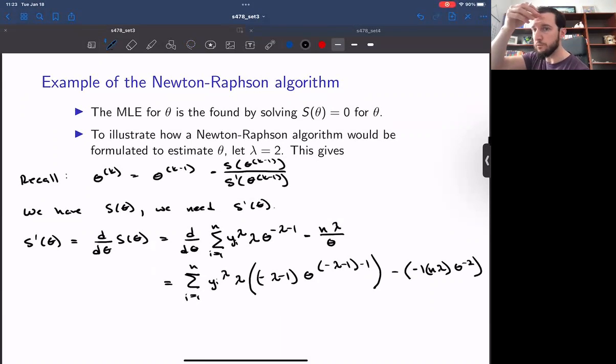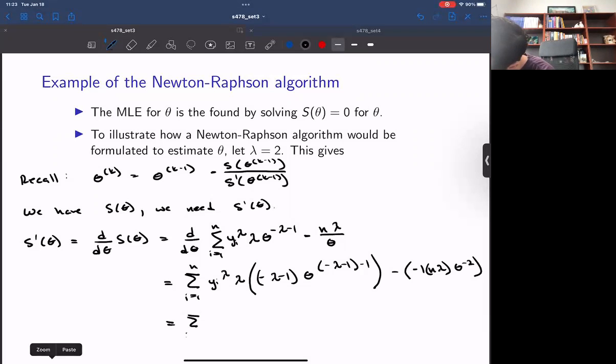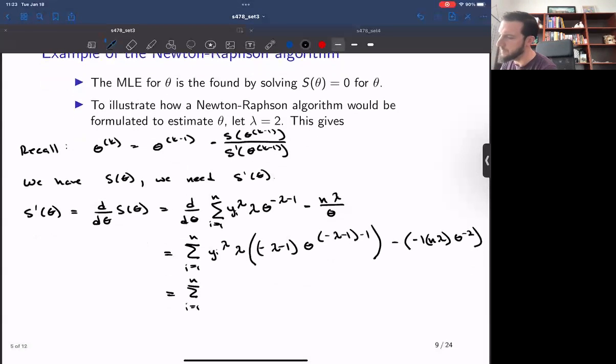Sorry, I apologize for switching between the exponent and the fraction notation. I just find it a bit easier to work with the exponents. I'm going to call this equation 2. The sum from i equals 1 to n of y_i lambda times lambda minus 1.